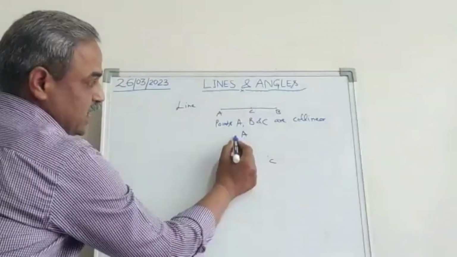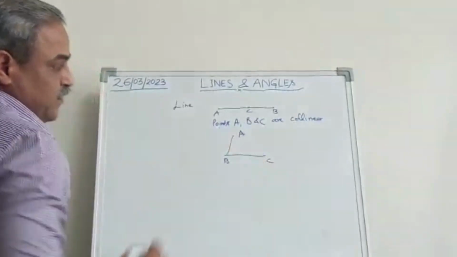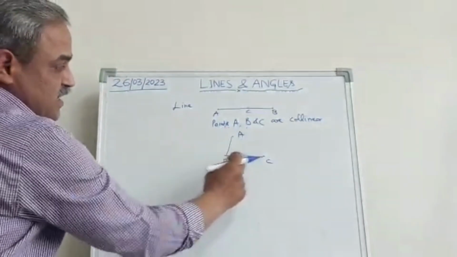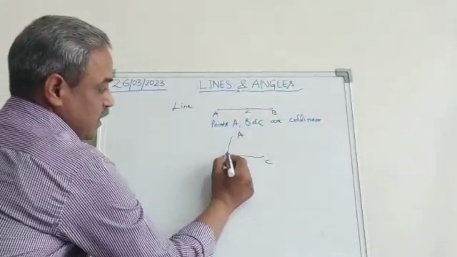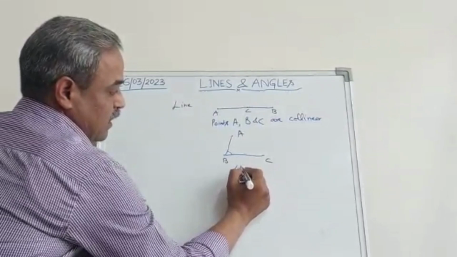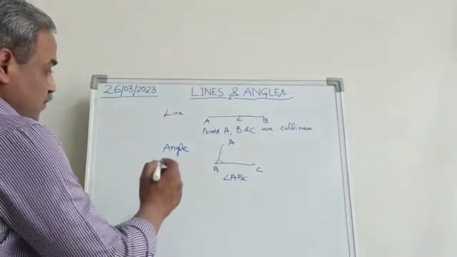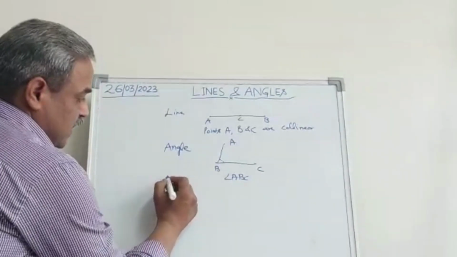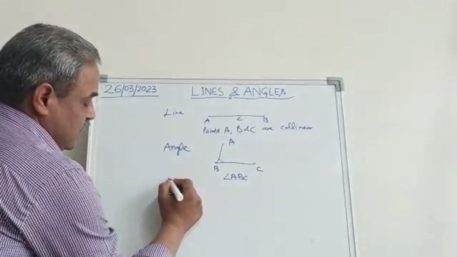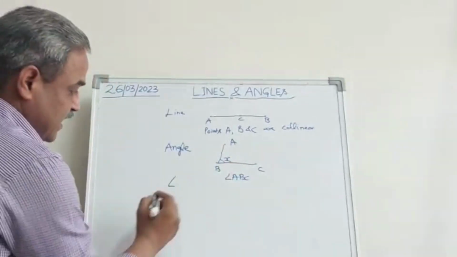If we join these 3 points A, B and C, then these 3 points form an angle. We can name it angle ABC.